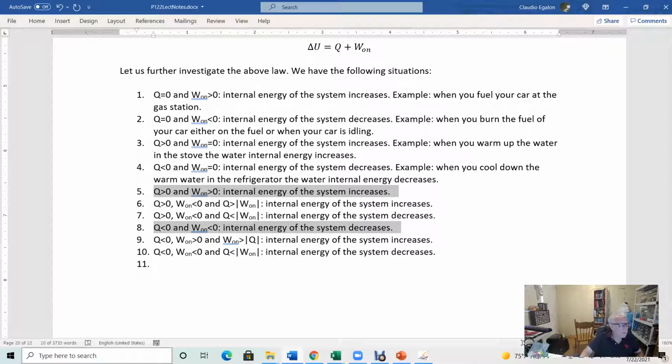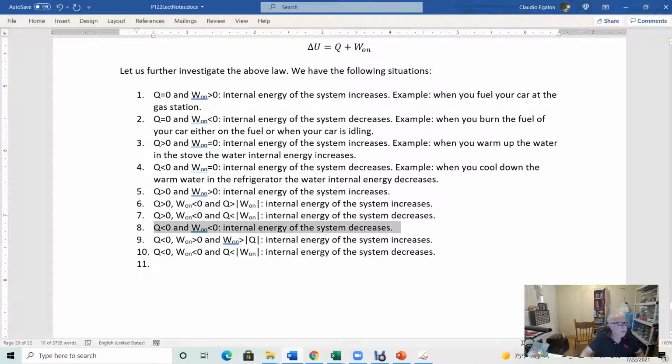Okay, so here you go. Q greater than 0, W less than 0. But now the Q is greater than 0, so the internal energy of the system increases. On the other hand, it decreases. Now, what about the other way? Q less than 0, and work done on the system is negative.